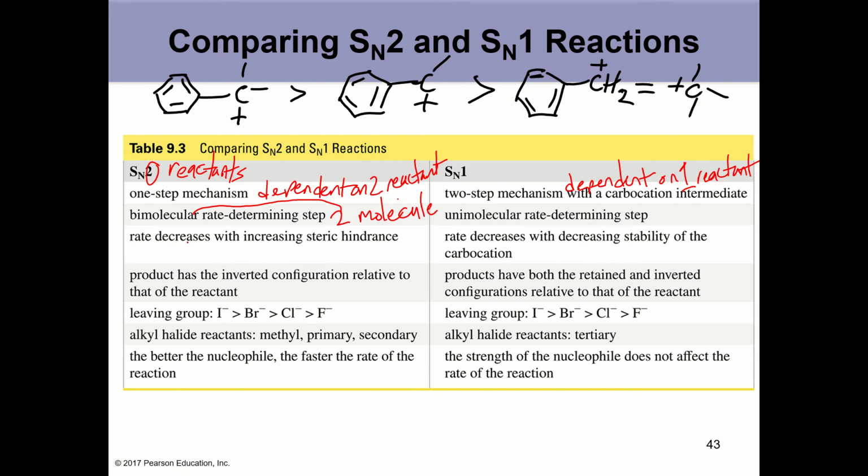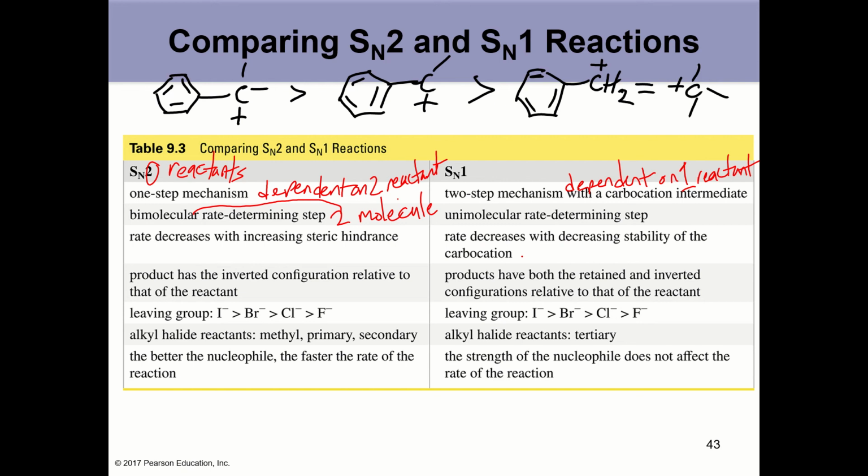For SN2, the rate decreases as steric hindrance increases. And for SN1, the rate decreases with decreasing stability of the carbocation.